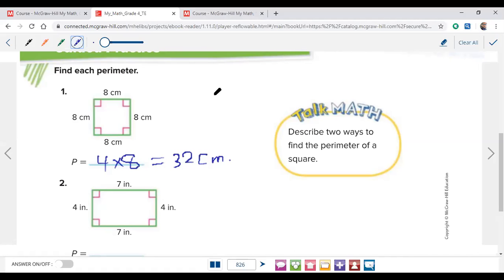Okay. Number 2, I have what? I have a rectangle. I can add all the sides, or I can use a formula. The formula means perimeter of a rectangle equals 2 times length plus 2 times width.